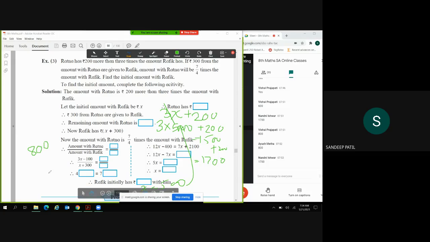I think this is Rafiq's amount, and you tried to put in this equation 500 plus 300, but we wanted to see Ratna's amount, right? So Ratna's amount is 3x plus 200. So 3 into 500 plus 200. So 1500 plus 200, right? So if you have any doubt or any question, you can ask in the chat box.